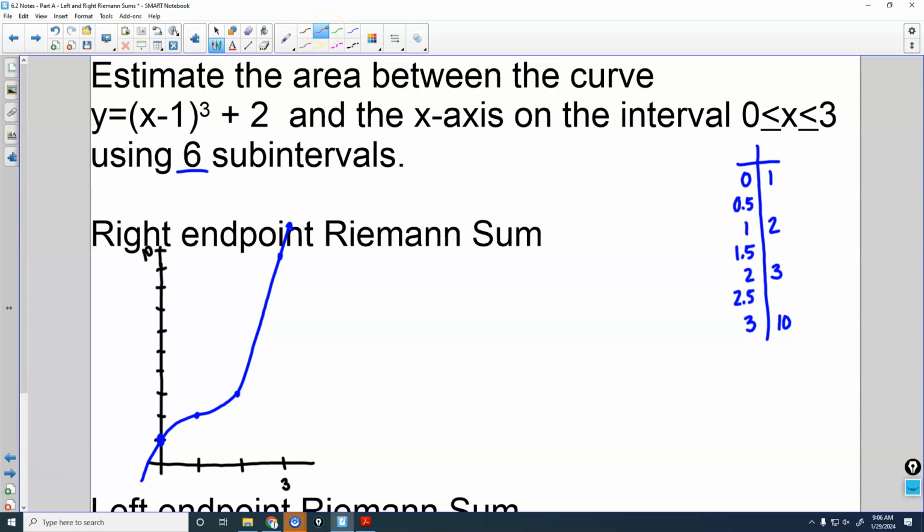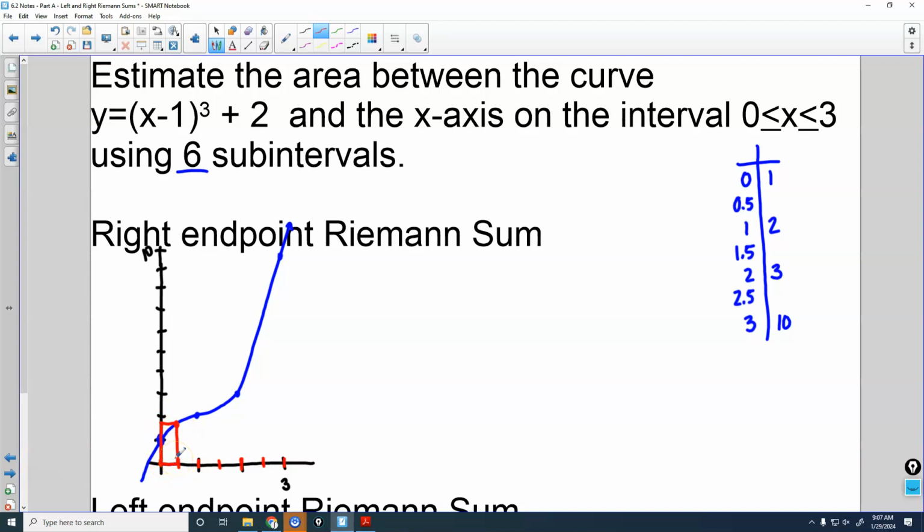Whenever we do this, we have right endpoint Riemann sums and left endpoint Riemann sums. Okay, a right endpoint Riemann sum, if I split this into 6 subintervals like it asked me to, means each little rectangle is going to have a width of 0.5. And when I draw this rectangle with a width of 0.5, I want the right corner of that rectangle to be on my graph.